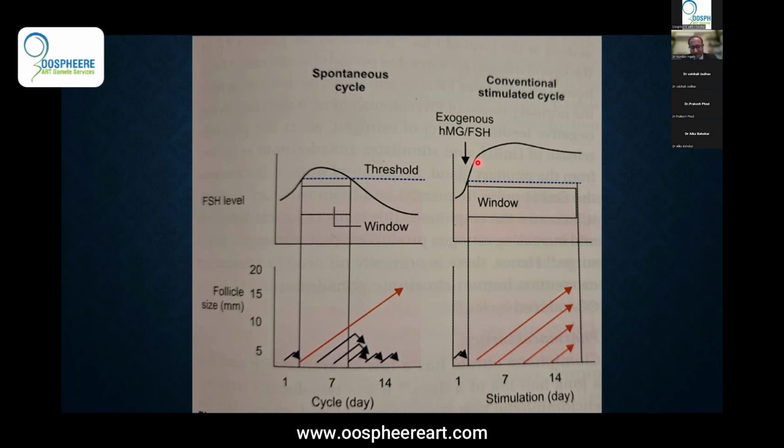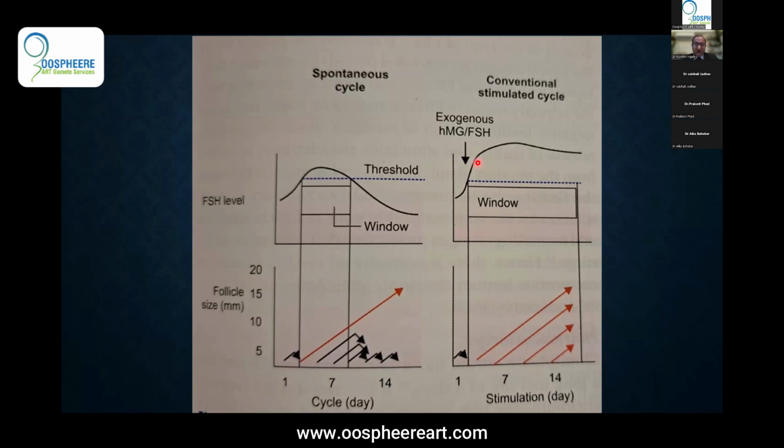Now in hyper responders, when you have more follicles, like 18 to 20 or 20, 22 on each side, the antral follicular count is somewhere above 30, that is 30 to 45. In this group of patients, you will only go with a 150 HMG dose, because otherwise you will get 50, 60 oocytes.